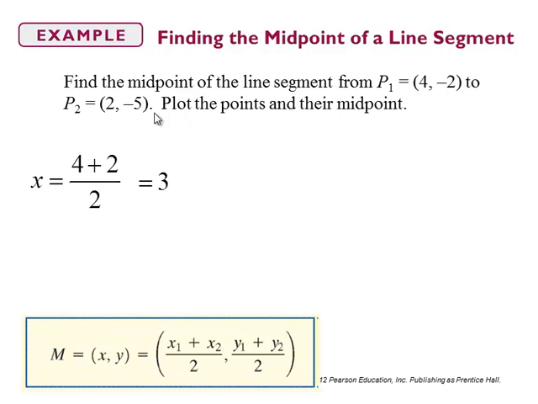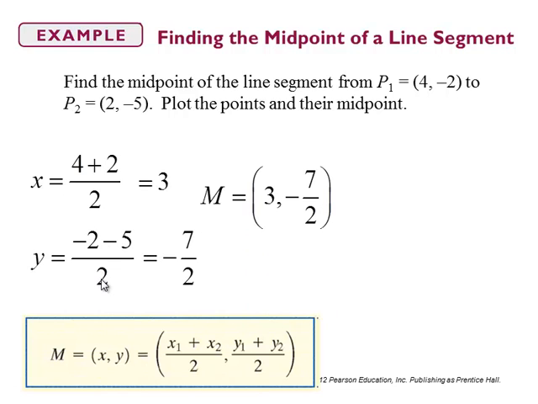Now, to find the midpoint, we take the average of the x-coordinates. 2 plus 4 is 6. 6 divided by 2 is 3. So the x-coordinate of the midpoint is going to be 3. Same calculation for y. You take the average of the y-coordinates, -2 plus -5, which is -7, divided by 2 is -7/2. So (3, -7/2) will be the coordinates of the midpoint.